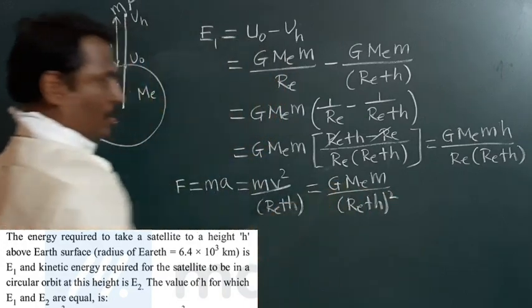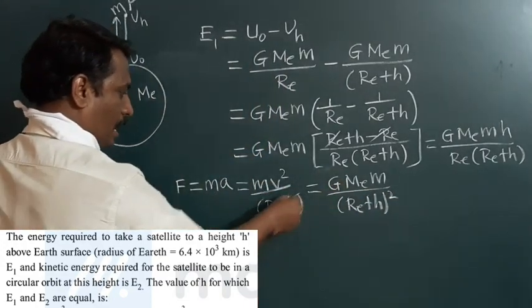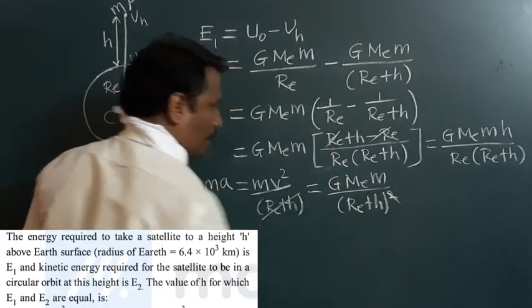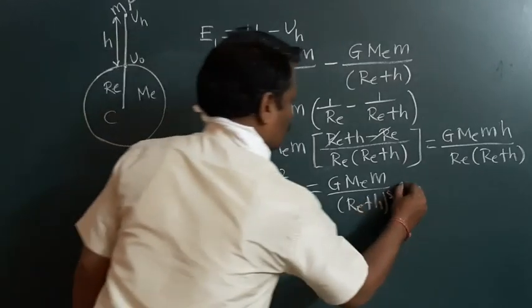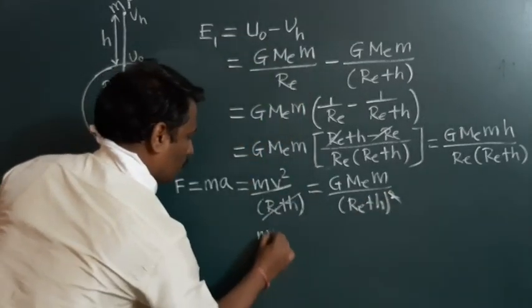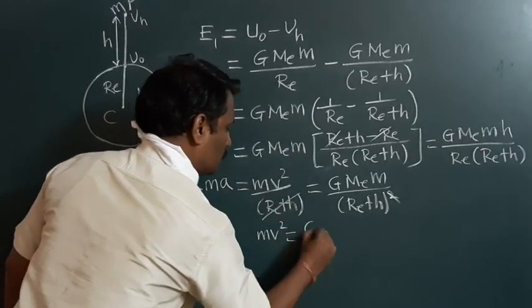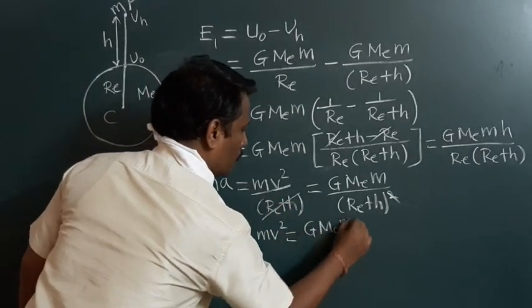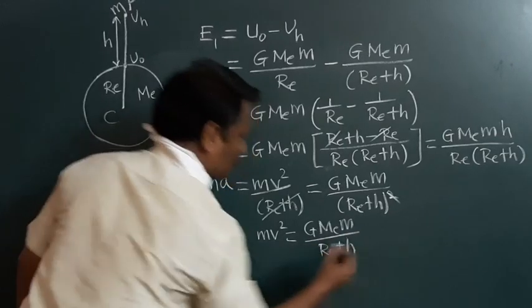Now in these two, one RE plus H gets cancelled. Then we get mv square is equal to G MEM divided by RE plus H.